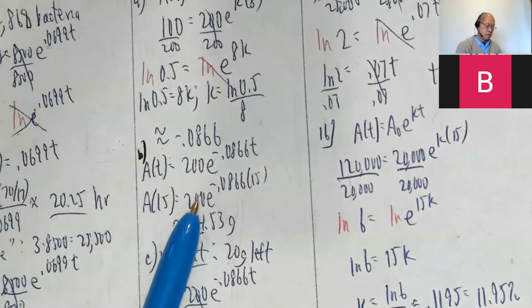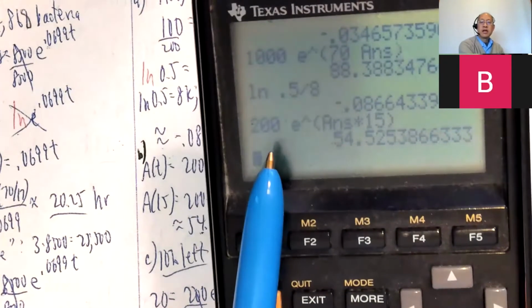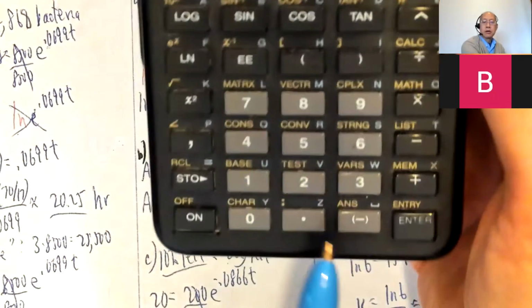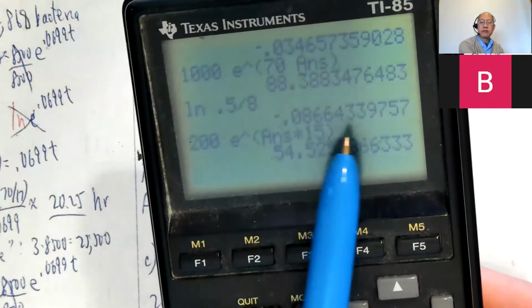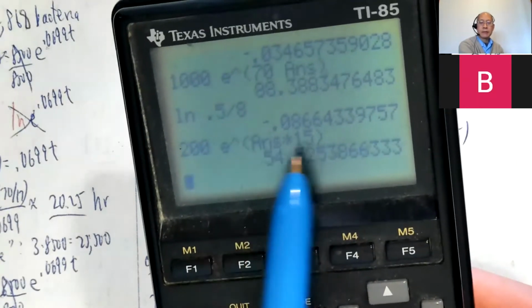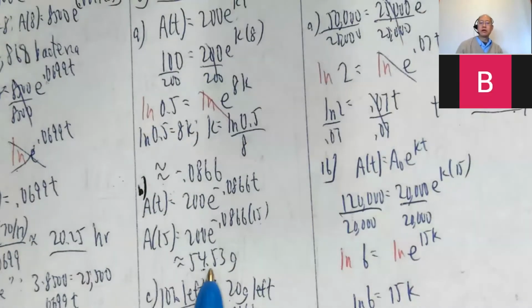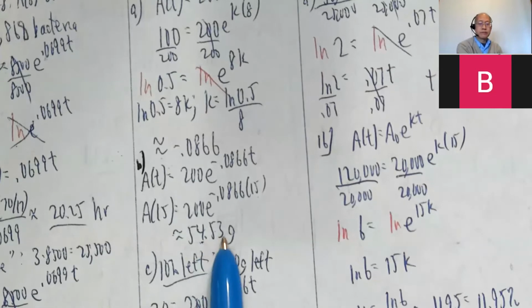So 200 e to the parentheses answer. When I hit answer, the calculator knows it's negative 0.08664339757. That prevents me from having to type that all in again, times 15. Okay, 54.525, rounded off to 54.53 grams of the substance is what I have.